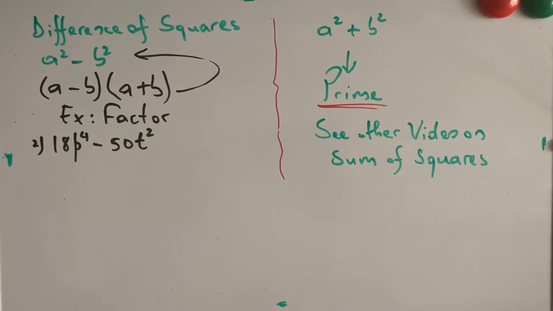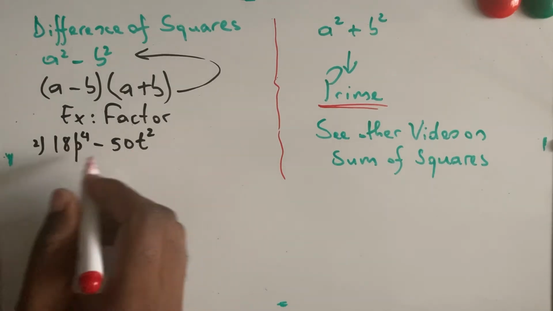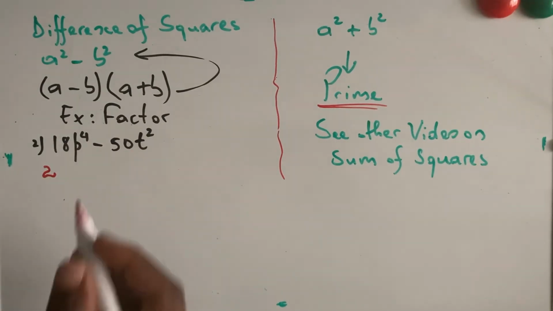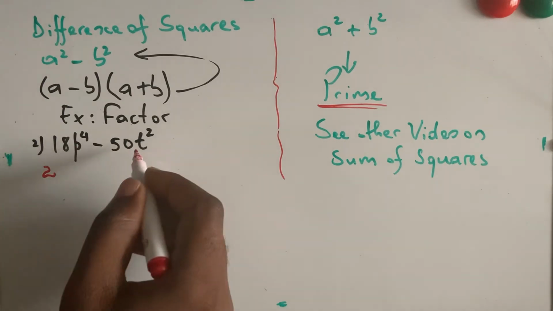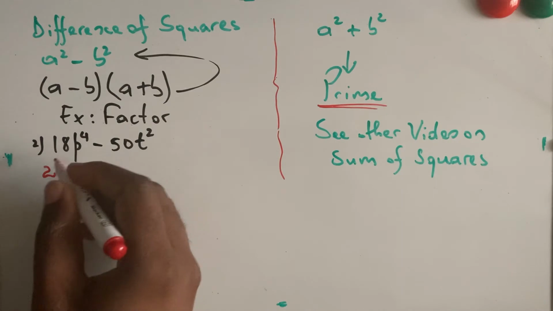If there's a GCF, you must factor out the GCF, okay? Before you use any other method of factoring, you need to check for a GCF. In this case, there's a GCF. What's the GCF between 18 and 50? 2, okay? Now, letters, no, because it's a p and a t, so they're not alike. So 2 is the GCF.